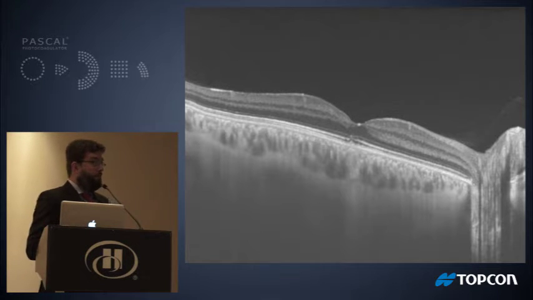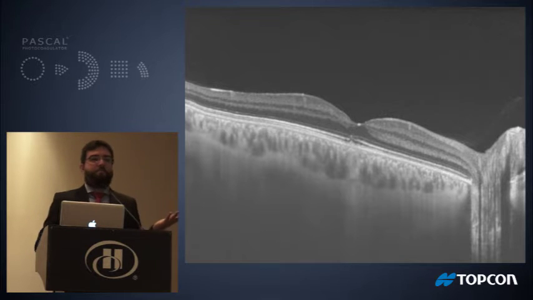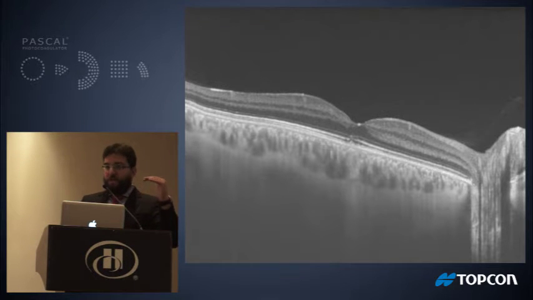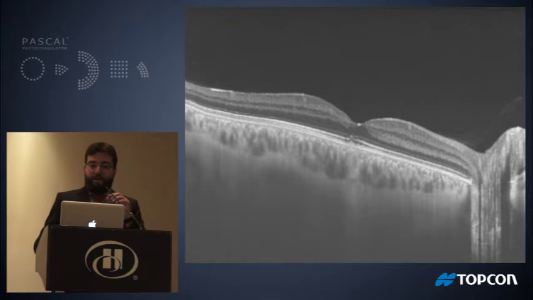Now with Triton, we can do OCT angiography, and we can understand what happened with the right eye. At this point here, we can show that the microaneurysms are actually in the inner and deep layers of the capillaries.